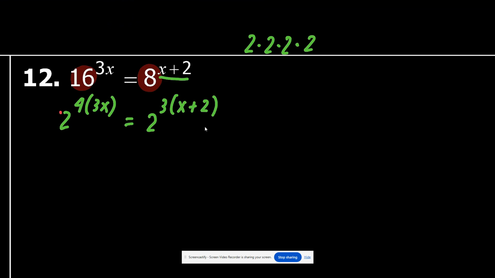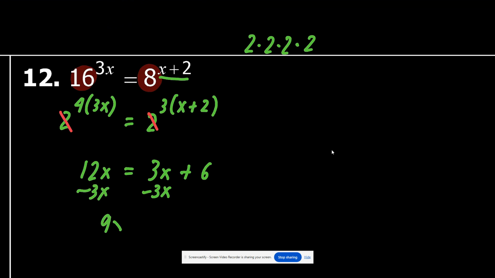But before we do that, drop the bases. So here's our work. 4 times 3x is 12x. Over here, 3 times x, 3x. 3 times positive 2, positive 6. Again, I'm going to bring my variables together. I'm going to move my small one, that's the positive 3x, so I'm going to subtract 3x.